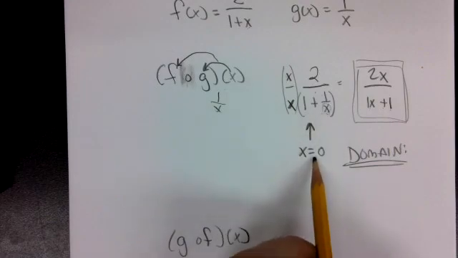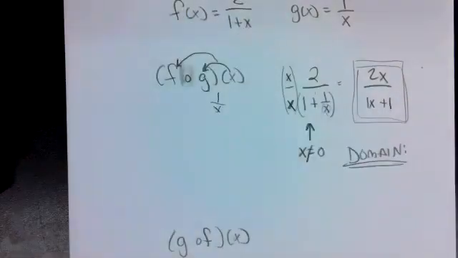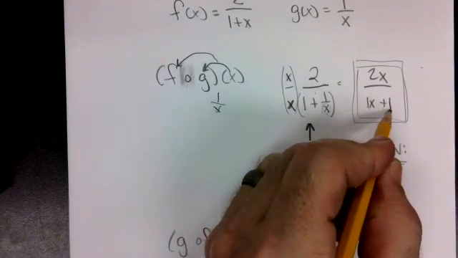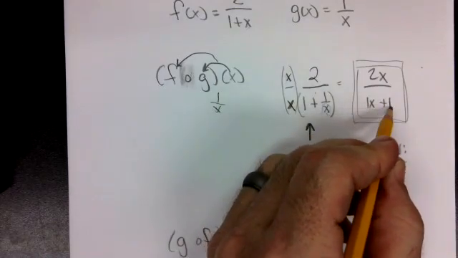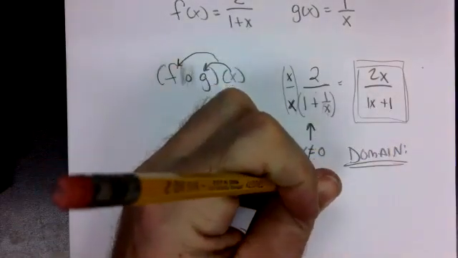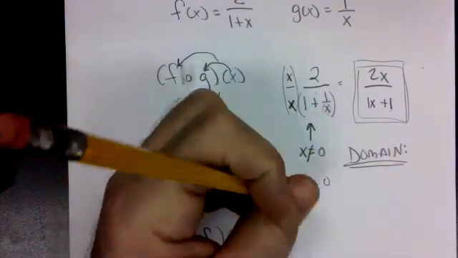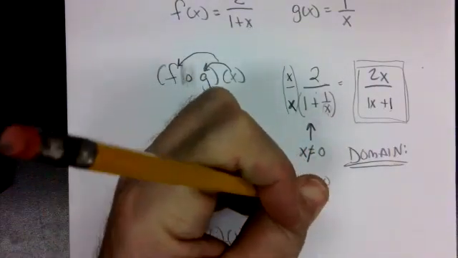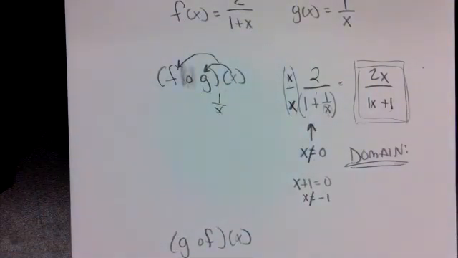So we still have to eliminate this guy. And then same, once we get to here, x plus 1, we can't let that equal 0 either. So we have to eliminate -1 as well.